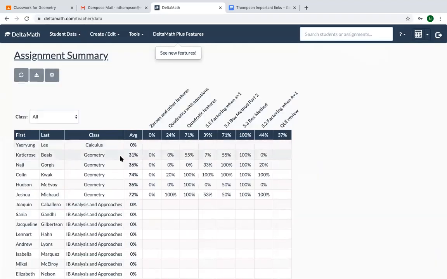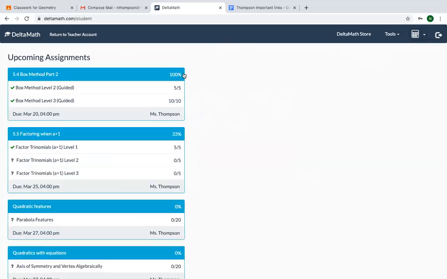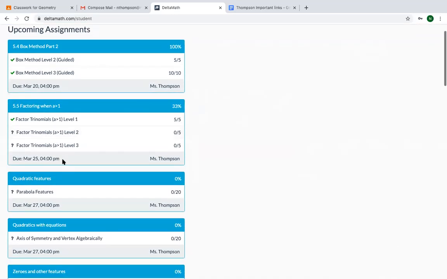Which one are you talking about, Najee? Trinomials, there's, I think, 3 levels to it. Let me just go to your page and try to find it. I have 5 done out of those 3, correct? These 3 right here.